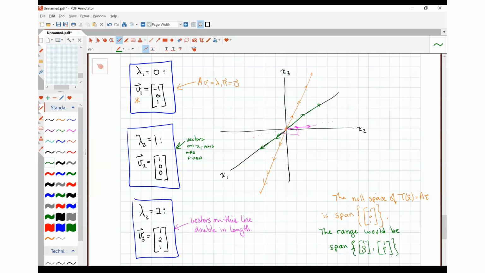And that's because their span is everything that's not along that other vector. Those directions grow or stay the same size. Okay, so anyway, that was my harder example that I wanted to show.